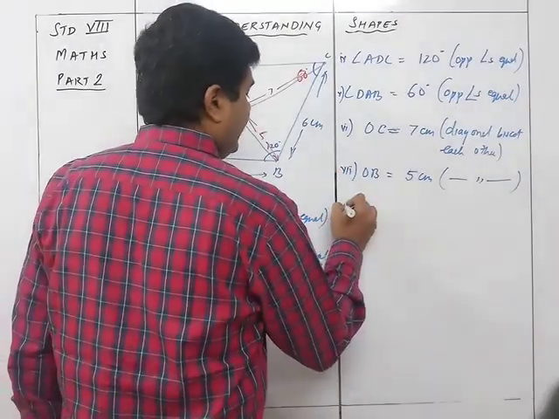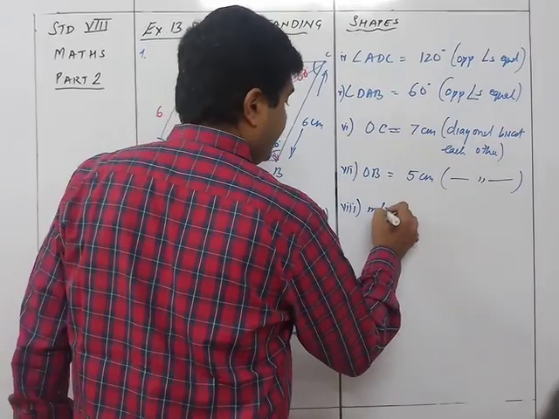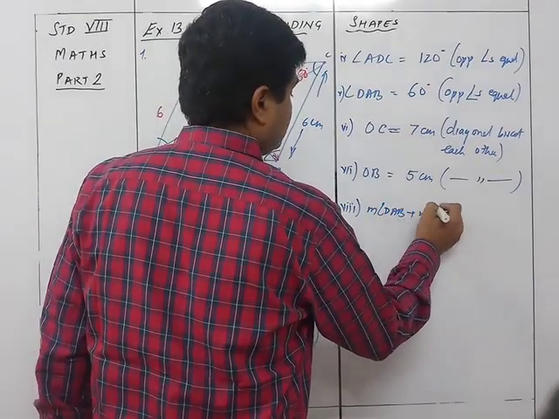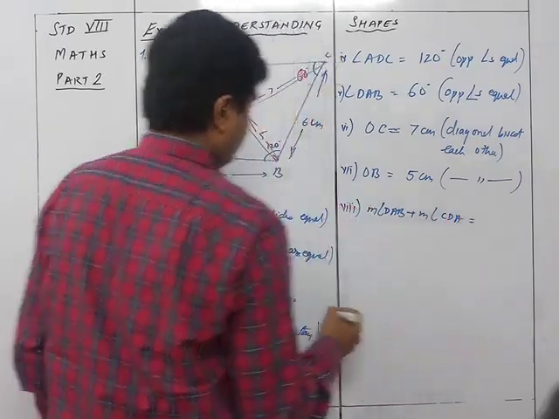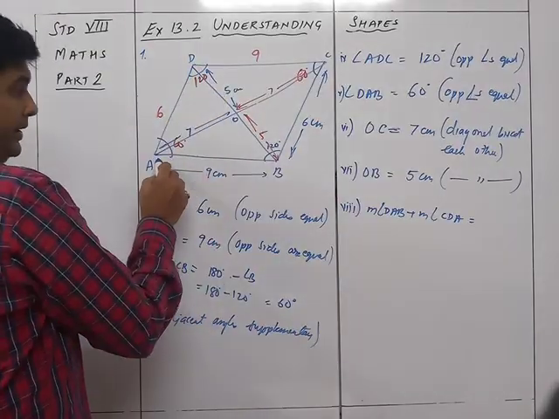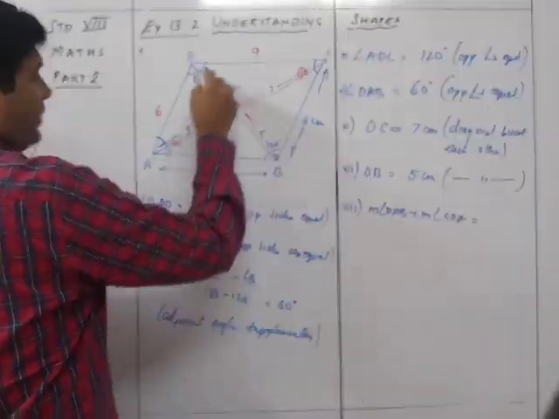Finally, we have got the eighth one, and that is measure angle DAB plus measure angle CDA is equal to how much? That is DAB is 60, CDA is 120.